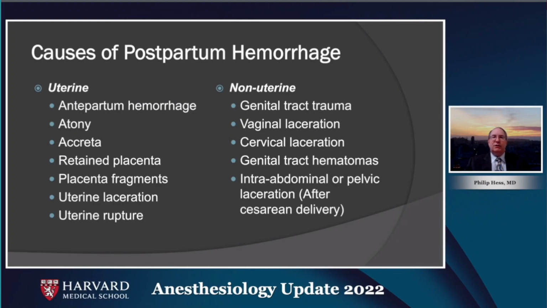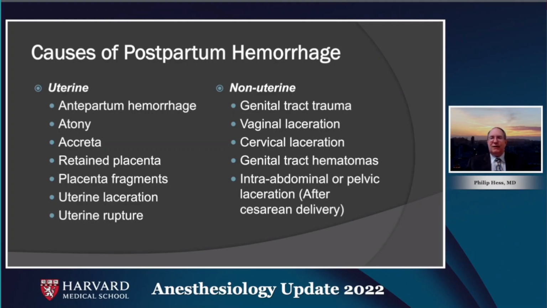Hemorrhage, of course, can come from many causes, and we have both uterine and non-uterine causes. Uterine causes are by far much more common. About 80% of postpartum hemorrhage is uterine in origin. The non-uterine, in my mind, are actually a little bit more concerning, and the reason for that is that we don't think about them in the moment.